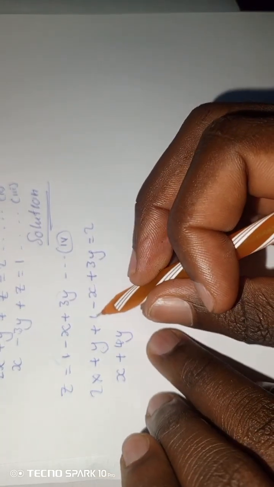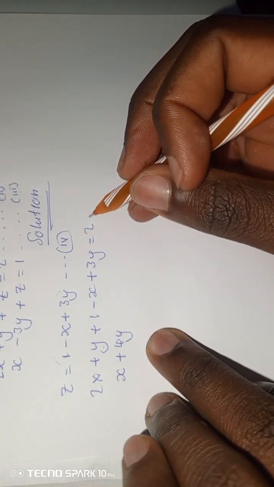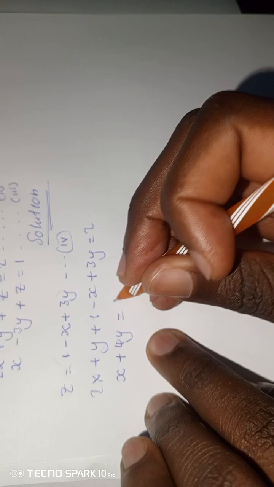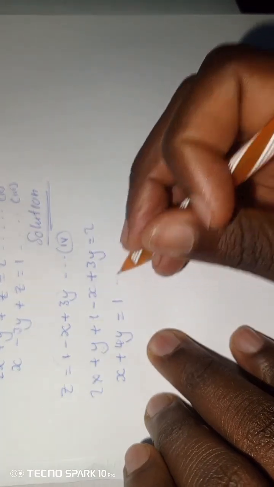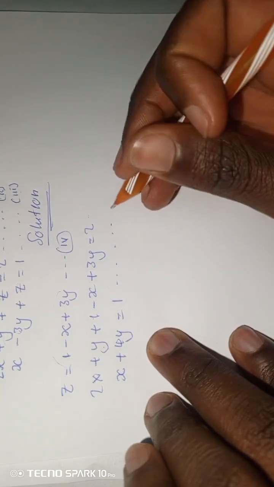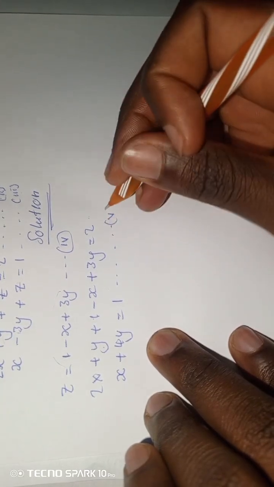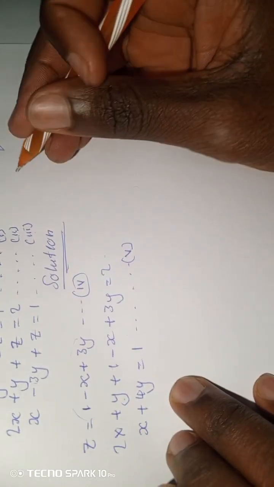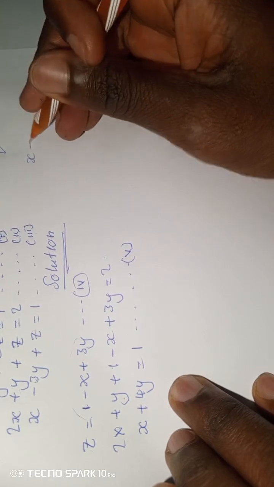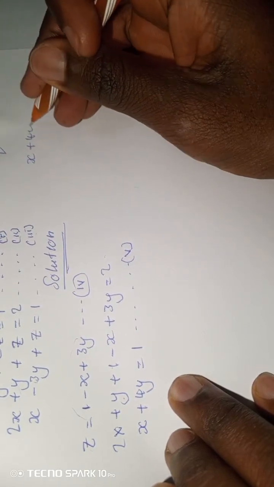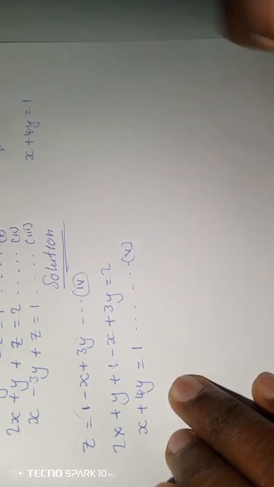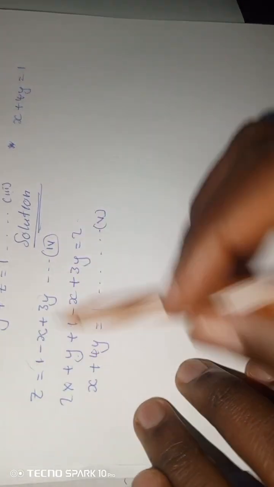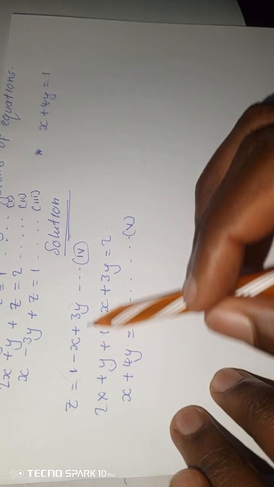And when this one goes to the other side, it becomes negative, so it will be 2 minus 1, which gives me 1. So this is the equation 5 that I've formed: x plus 4y equals 1.